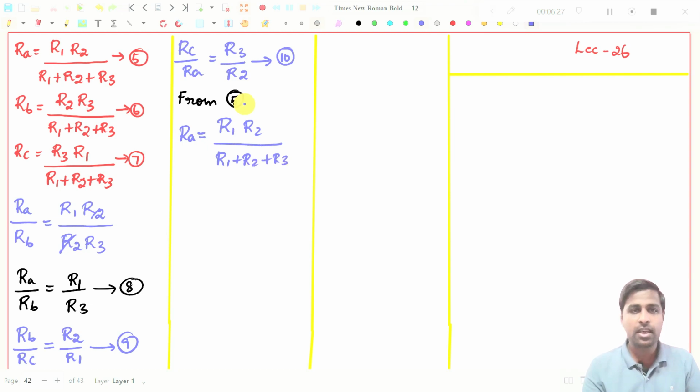Then I will try to substitute the values.